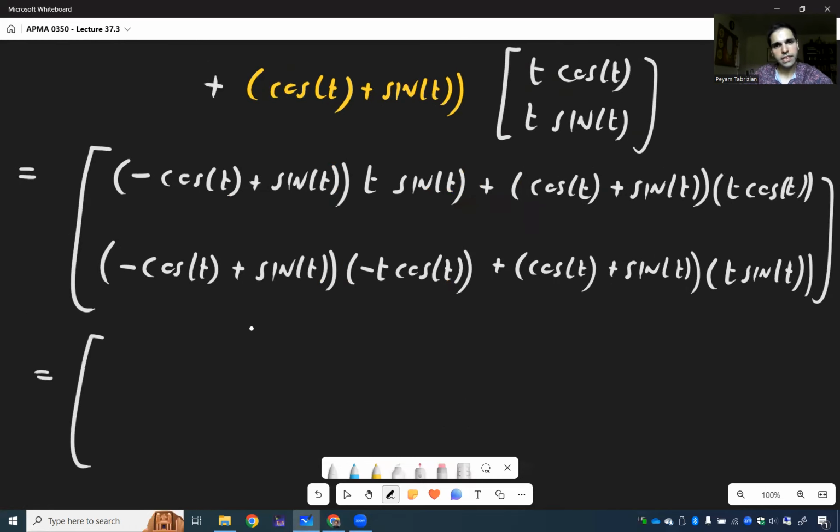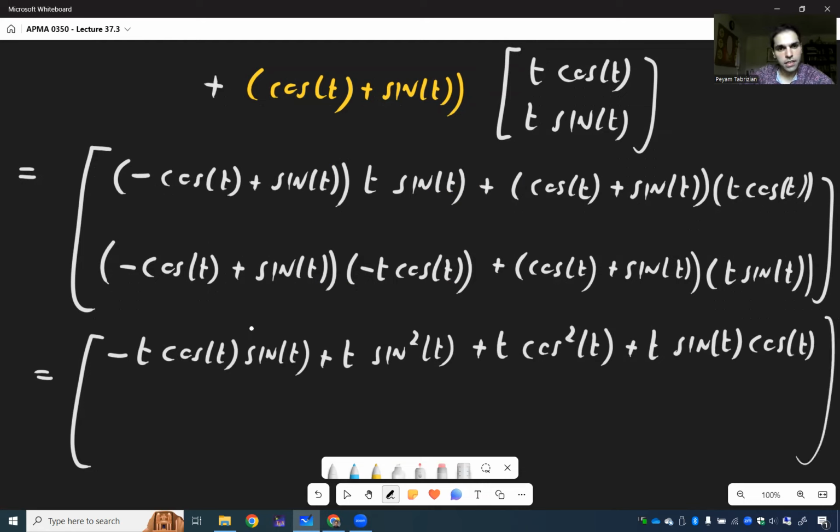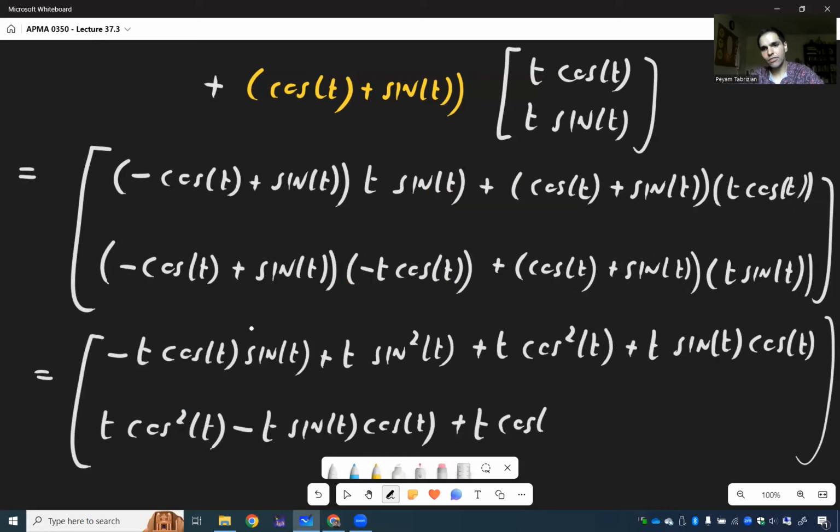Well, this becomes minus t cosine t sine t plus t sine squared t plus t cosine squared t plus t sine of t cosine t, and t cosine squared t, so the minuses cancel out, minus t sine of t cosine t plus t cosine t sine of t, and then plus t sine squared of t.